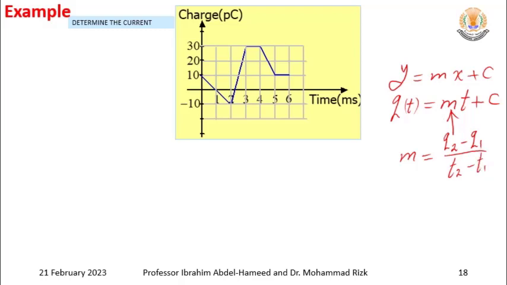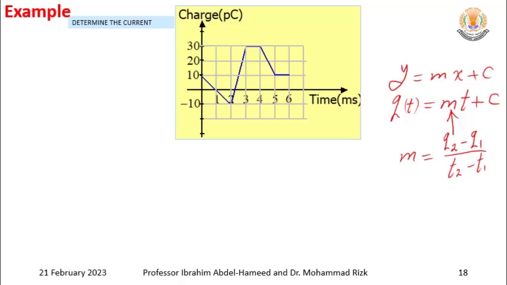Can we get the slope of the first line here, the inclined line? Can you see it, this one? End, so here minus 10, start 10, divided by t2 minus t1, so 2 minus 0. So it will be 10 minus 10 minus 10, so minus 20. Minus 20 divided by 2, so we'll get minus 10.